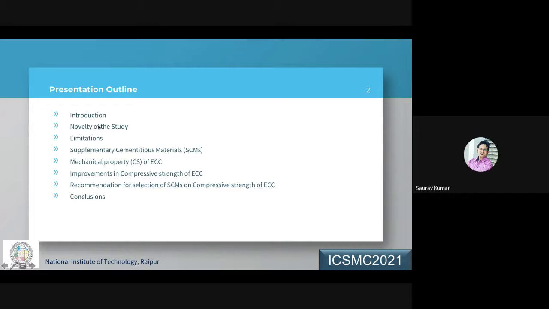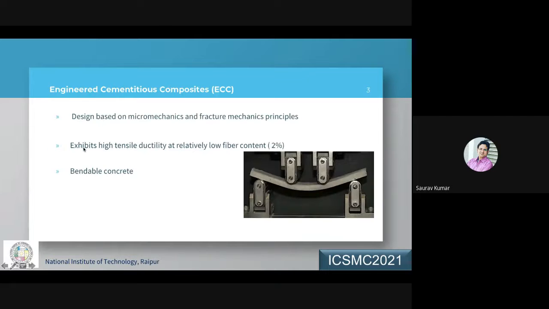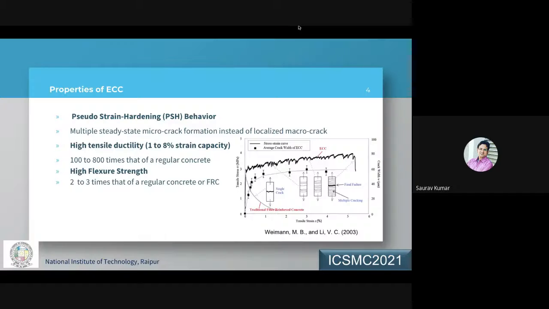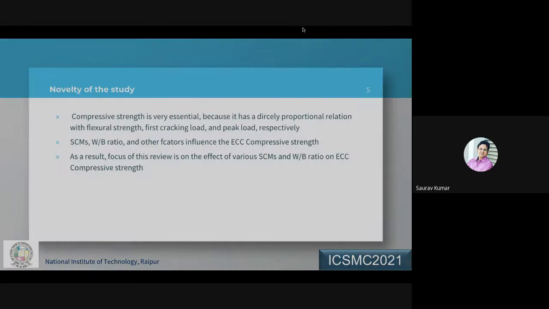We are not getting your sound. Earlier it was there, but now the sound is not there.